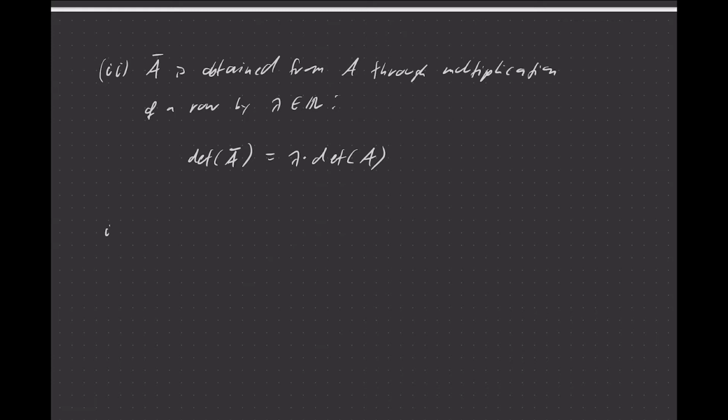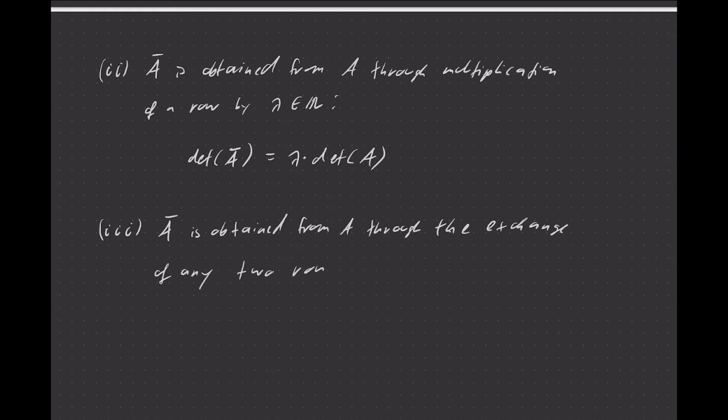And finally, one more important operation that we frequently use is exchanging two rows in the matrix. So we need to take care of that as well. So let's say A bar is obtained from A through the exchange of any two rows, and we just exchanged two rows here.